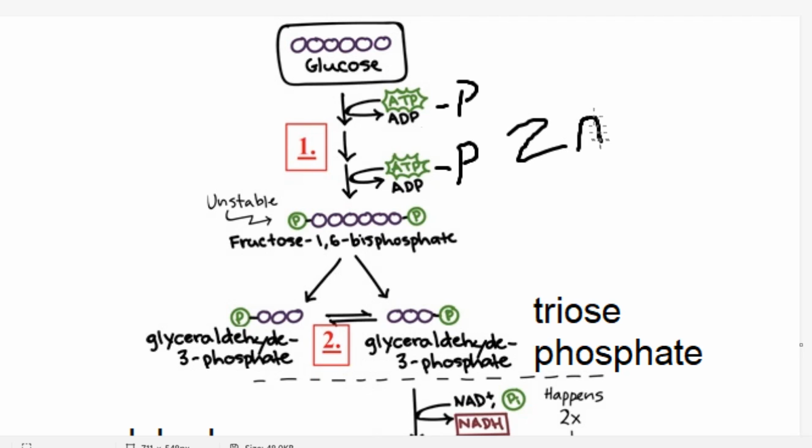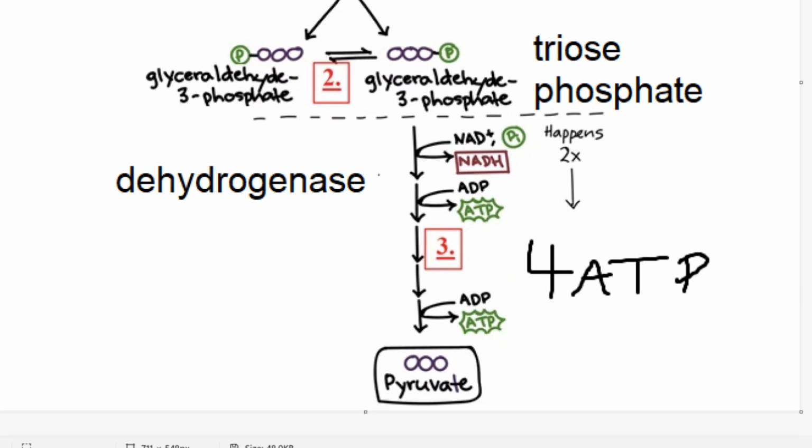So if you think about it, if it's using 2 ATP to produce 4 ATP, how much net ATP are we getting? In the end, we're getting a net total of 2 ATP.